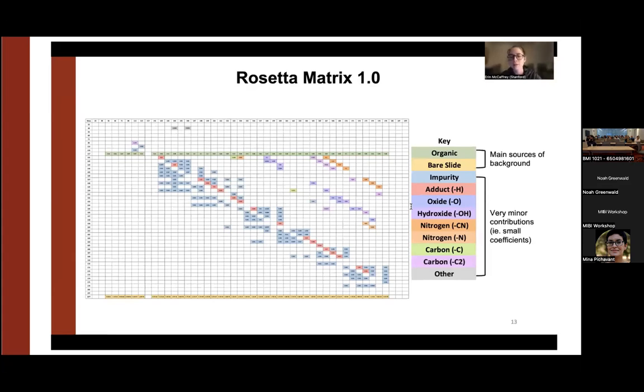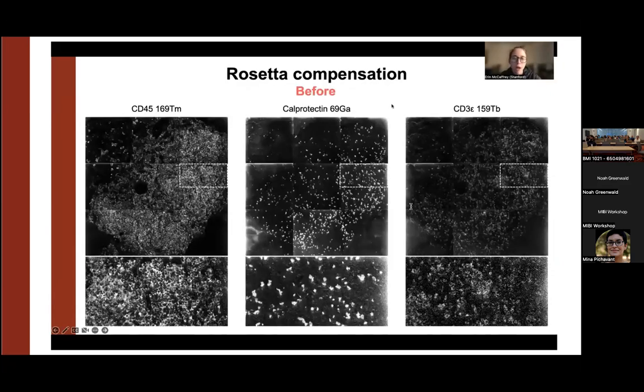However, it's important to keep in mind that the main sources of background are really coming from gold and organic signal, and that the remaining contributions here, whether they be impurities or elemental contaminations, are occurring in very, very small quantities, which means that the coefficients of subtraction here are often very small.